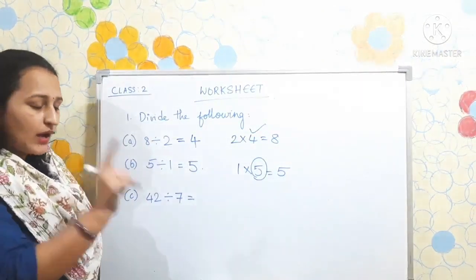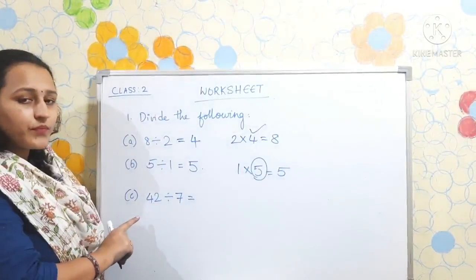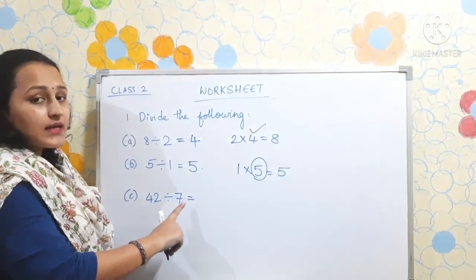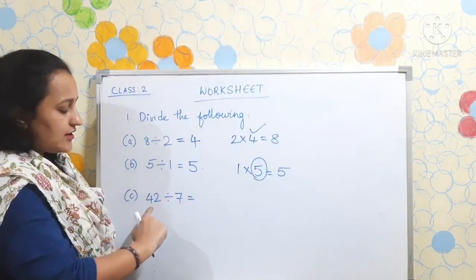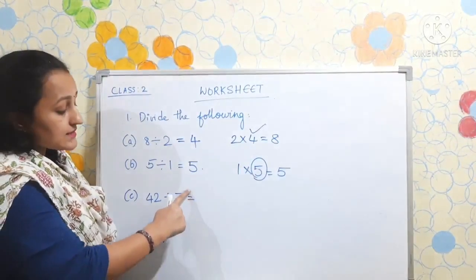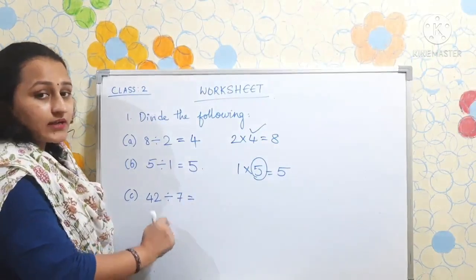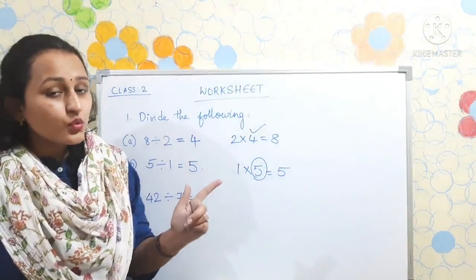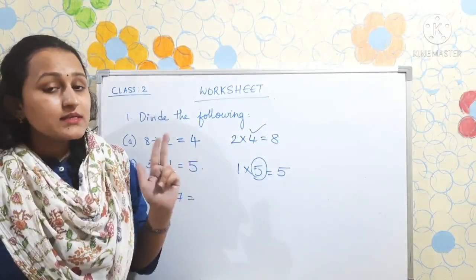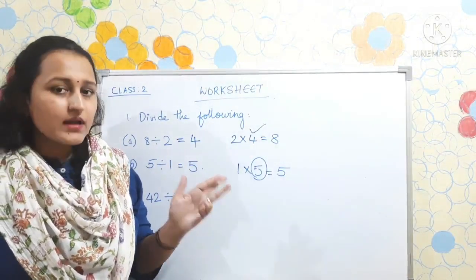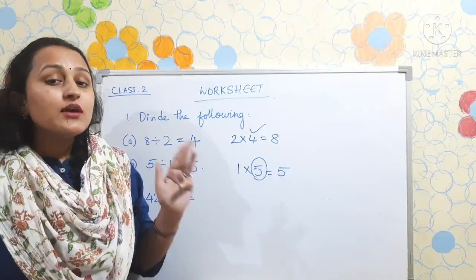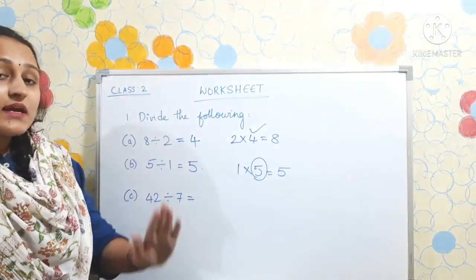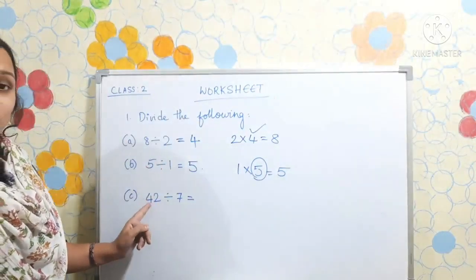Read the heading. You have to read it loudly. Yes, 42 divided by 7 is how much? Recollect the 7 table. 7 times 1 is 7. 7 times 2 is 14. 7 times 3 is 21. 7 times 4 is 28. 7 times 5 is 35. 7 times 6 is 42.